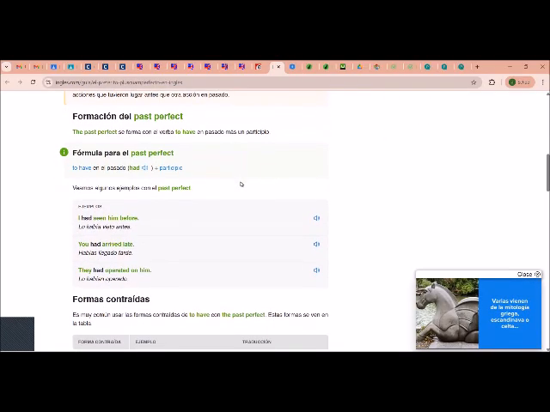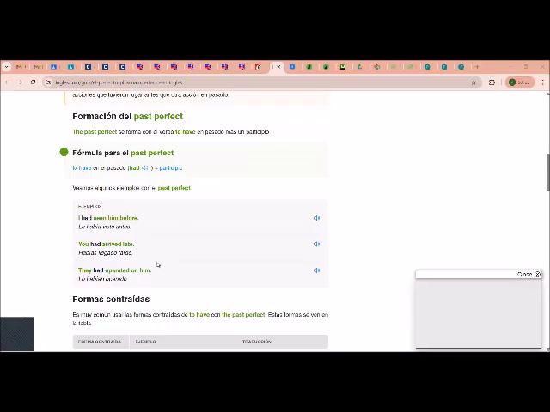Now, as we use the past perfect, our goal is to talk about things that are happening in sequence. One happens before another. The first one had been completed, and then the other one happened.